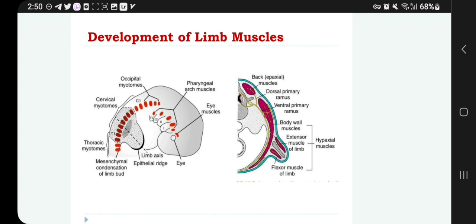The division is correct, but there is a special difference between them, because all the muscles, for example, of the upper limb and lower limb are hypaxial muscles, and here the spinal nerve at first divides into the dorsal primary ramus and ventral primary ramus, and the dorsal goes to the erector spinae and the back muscles, epaxial, and the ventral goes to the thorax muscles, the abdominal, and also the limb muscles.